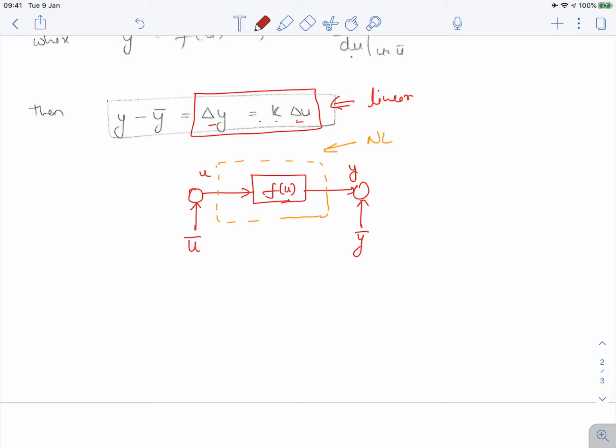So y minus y bar is our delta y, and this is our delta u. So if we have this delta u as u minus u bar, then our u basically becomes delta u plus u bar. Okay, so this is a plus sign, right? So this is a nonlinear function which is inside this thing, and we want to analyze this u bar and y bar.